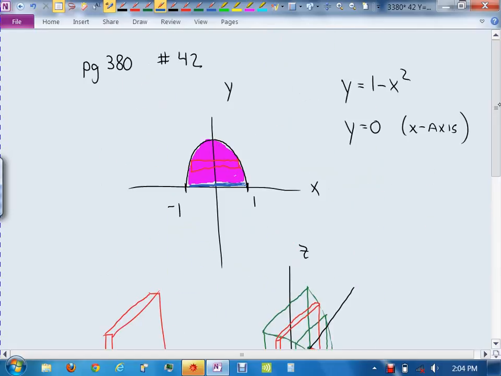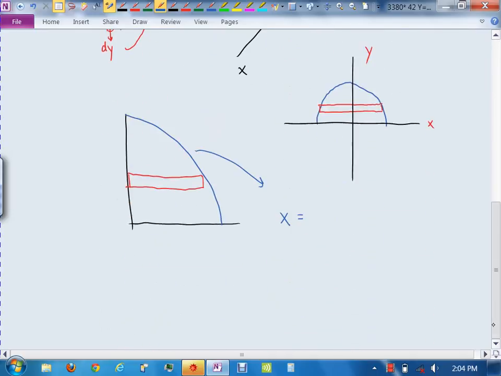Well, they gave you the function in terms of y, didn't they? Yeah. So can you get that in terms of x? Yes. Square root of y minus 1. Square root of 1 minus y. Take the negative x squared to the left, take the y to the right. So you get square root of 1 minus y. That's what x is.